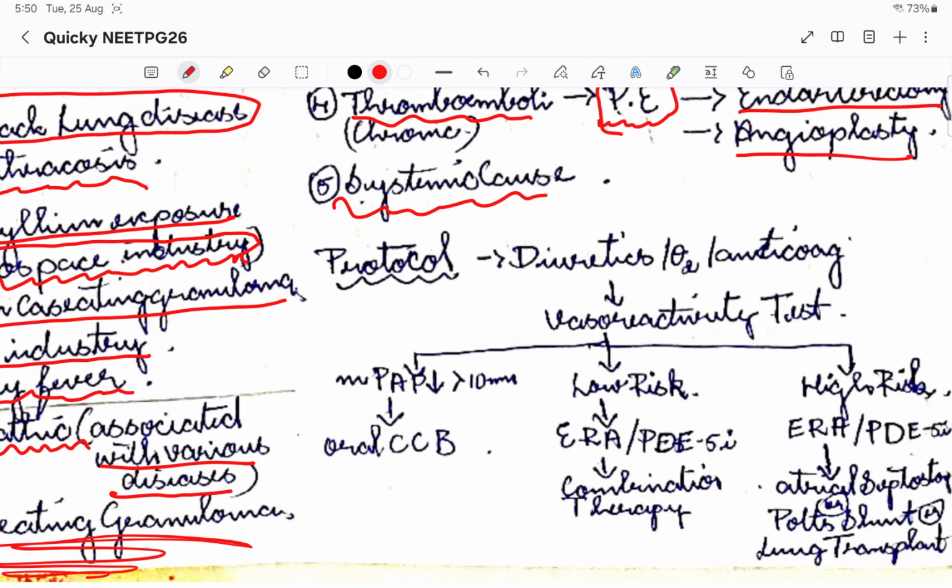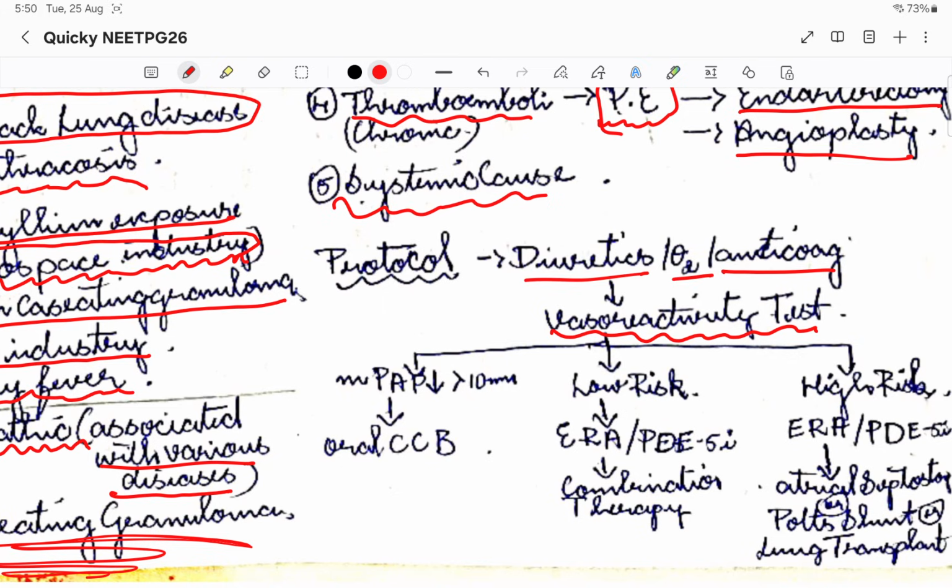First thing is diuretics, oxygen and anticoagulants, which we are going to give. Then we'll do some vasoreactivity testing so that we can decide what extra drug can be given with respect to the management. Vasoreactivity testing is done, so we can divide. If we give the drug and it reacts, it is going to be primary pulmonary arterial hypertension, and we can treat it in that way.